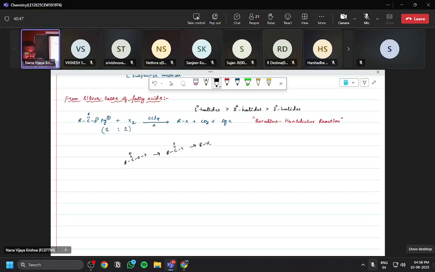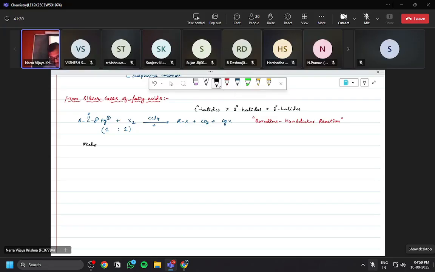Now when you take this OX bond, they have given a mechanism. Once check the mechanism. What they give? Radical mechanism. RCOOBr, correct only, no? RCOOX. So first AgX is gone.